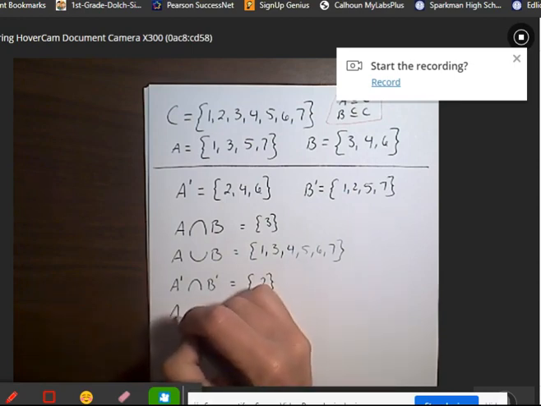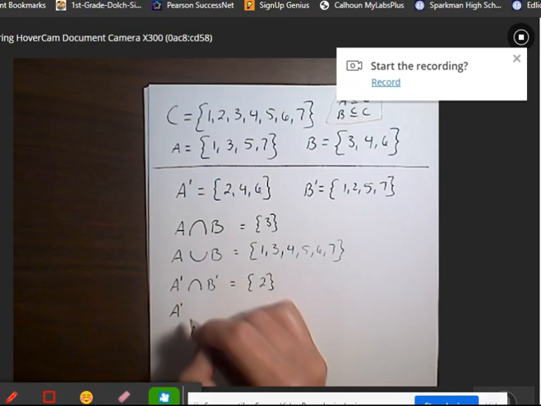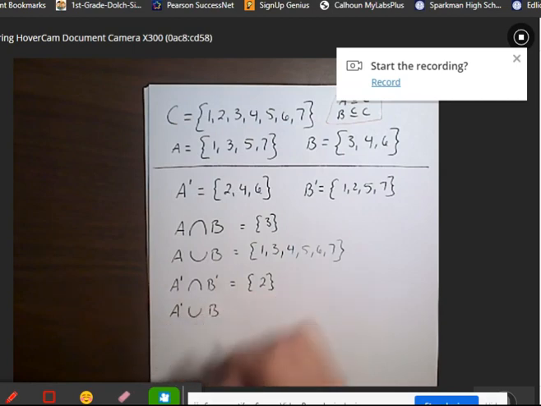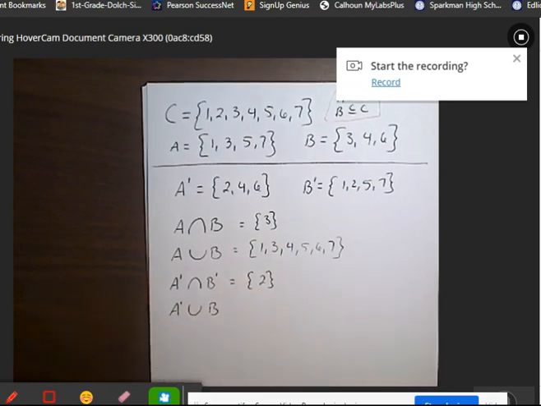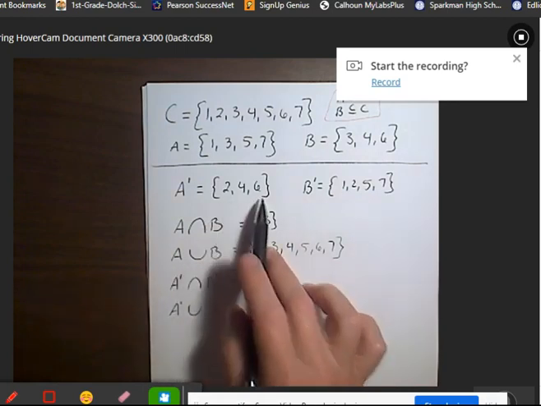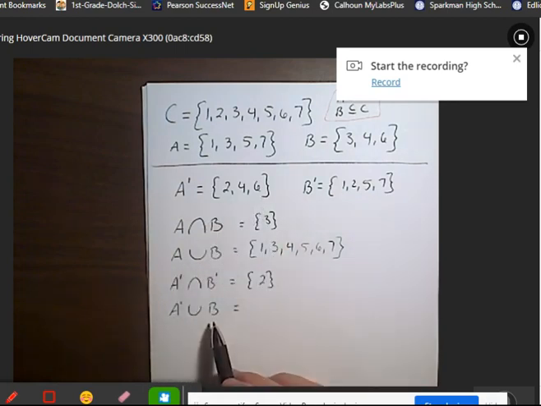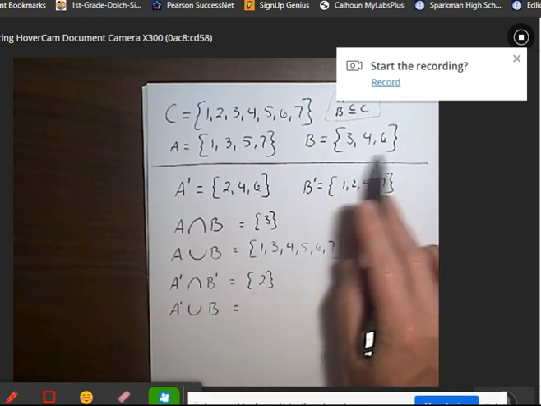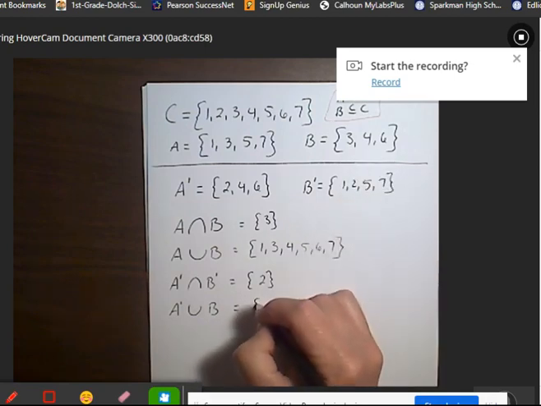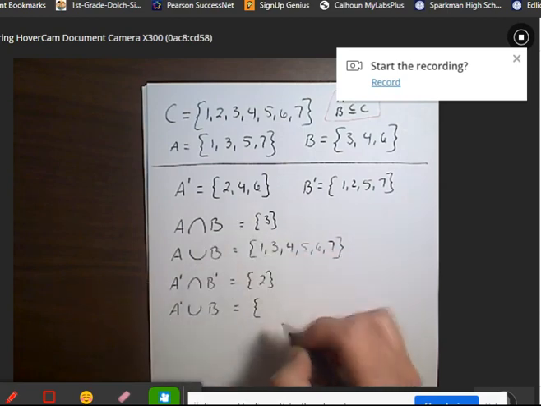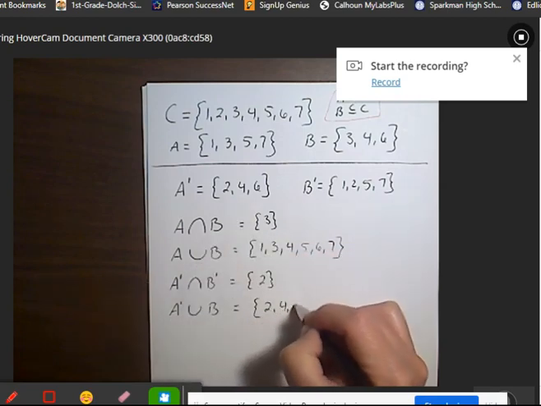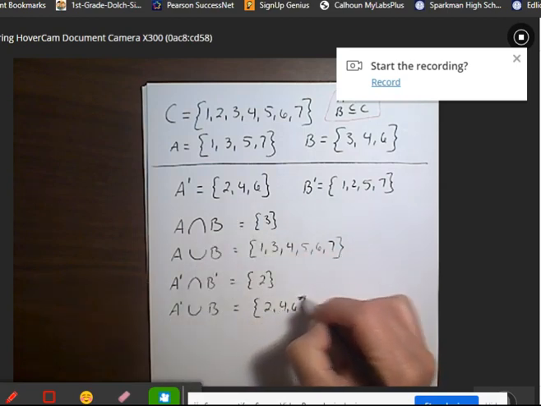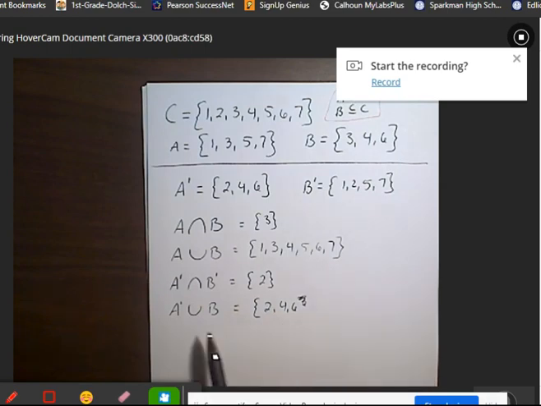They may also mix it up, so you may get A prime, and we're going to put a union. So A prime, we have 2, 4, 6. With B, we've got 3, 4, 6. So A prime, and again, the order doesn't really matter, so you're going to have 2, 4, 6. And then when you go to B, tell me anything that's not 2, 4, 6.